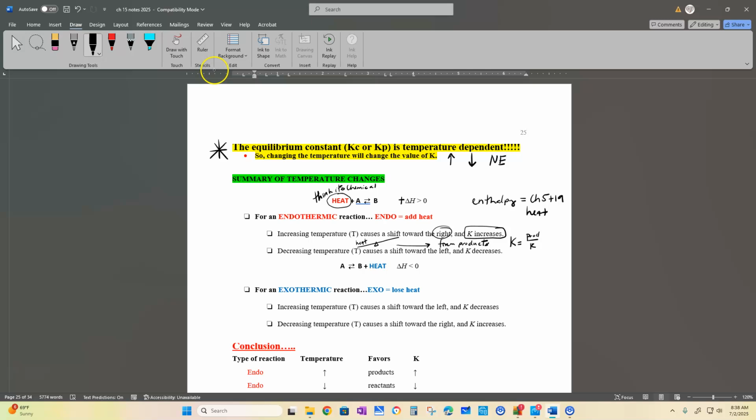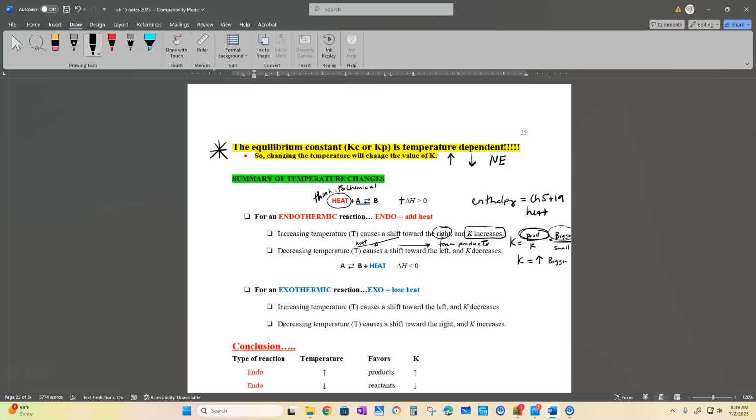So because I'm going to form more products, what's going to happen to this value in the numerator? It's going to get bigger and bigger and bigger, and this is going to get smaller. What's a big number divided by a small number? Well, K is going to increase. It's going to get bigger than what it originally was.